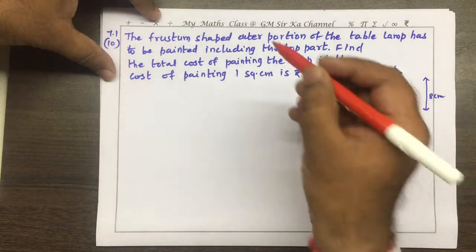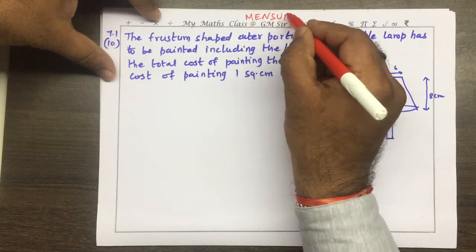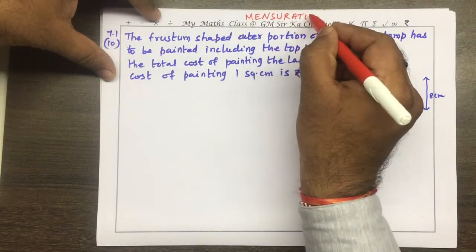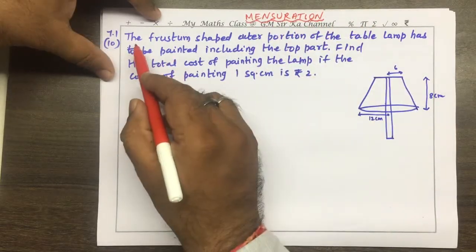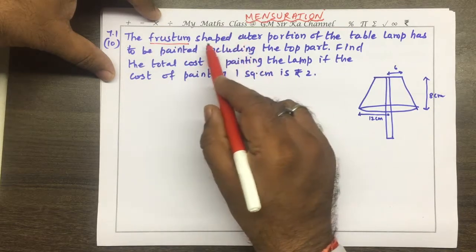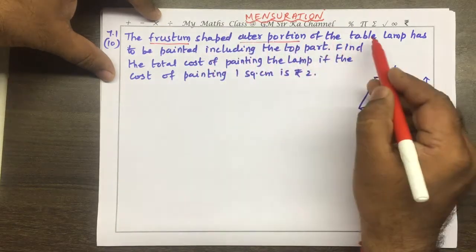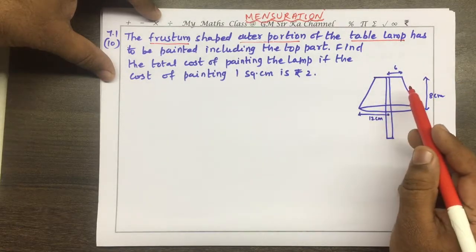You are learning mensuration. We have the problem. The shape is a frustum, the outer portion of a table lamp. The diagram is given. This is the table lamp.